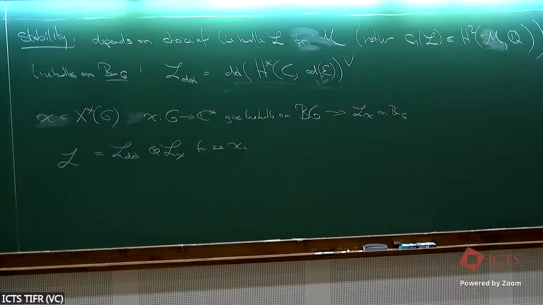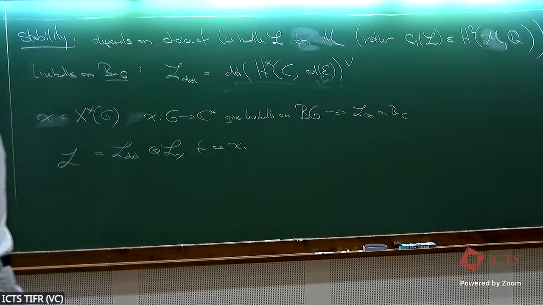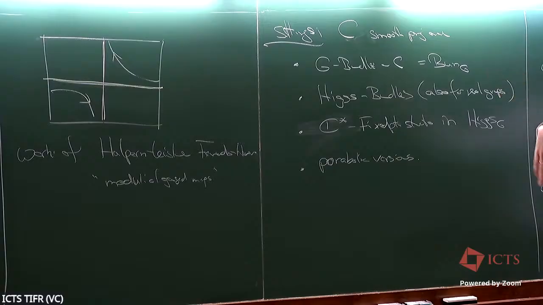So what does this do? Maybe I should say, for Bun_G, it's a really bad idea to put any of these characters chi, because if you compute what semi-stability means, whenever you take a non-trivial chi, everybody will get unstable. So it's not a good choice.